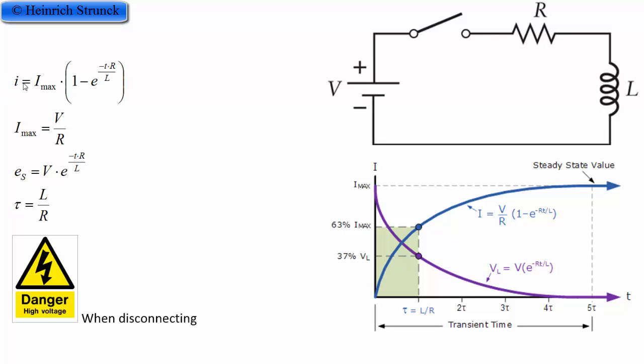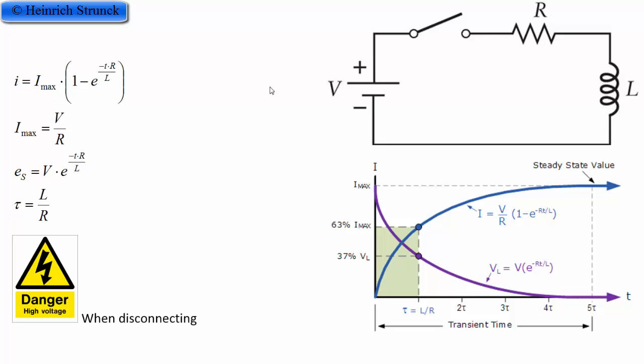So when we have to calculate the intermediate current, we must take the maximum of the current, multiplied by 1 minus Euler's number to the power of minus time, multiplied by the value for the resistance, divided by the value for the inductance, the inductor or coil.